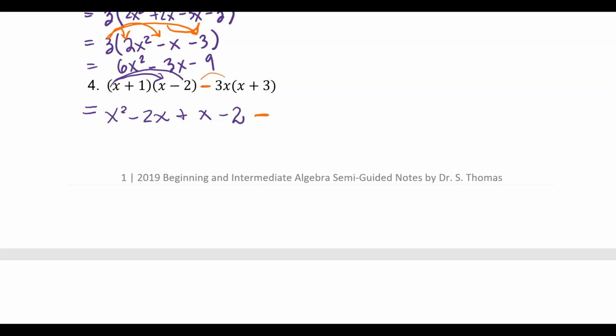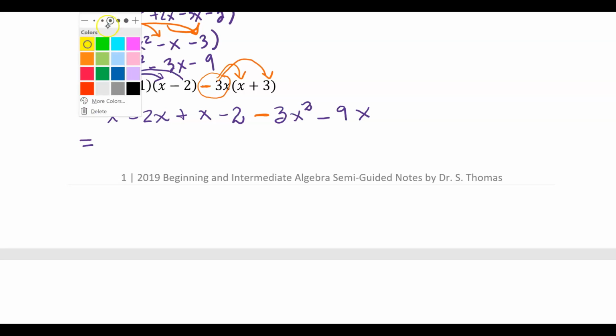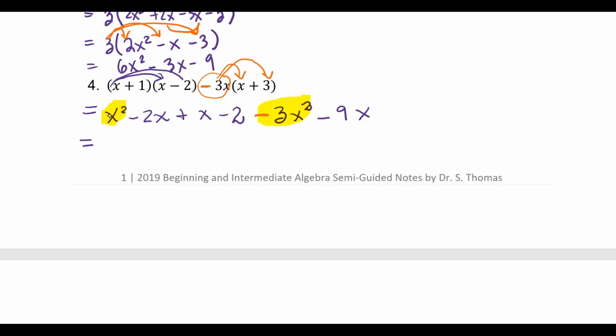We're going to distribute this. This is being multiplied times x plus 3. So when we distribute that, that becomes minus 3x squared minus 9x. Now we are going to put our like terms together. We have like terms x squared minus 3x squared.